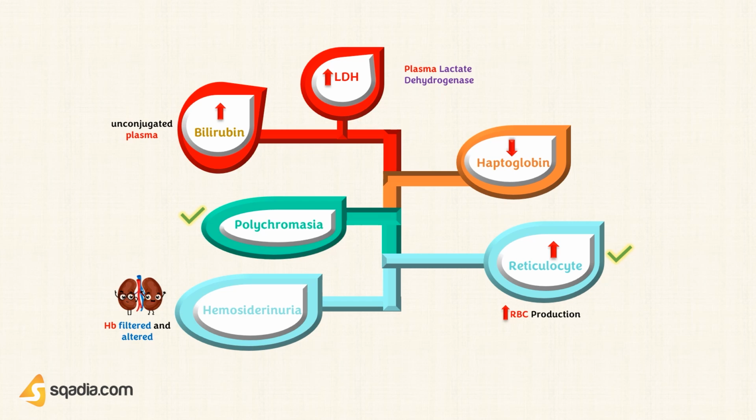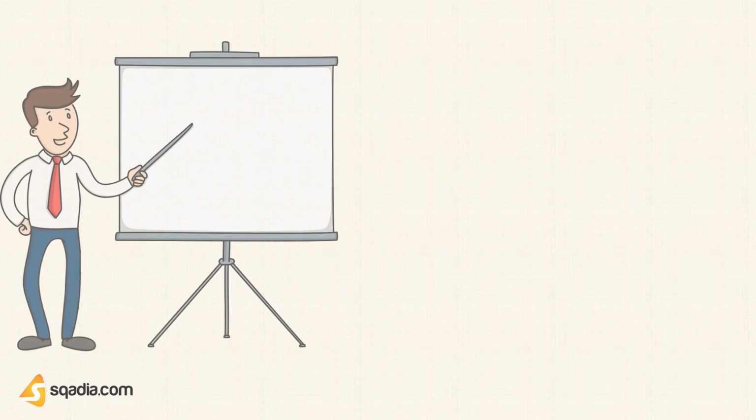When these tubular cells shed later into urine, it causes hemosideruria, which imparts brown color to urine. On failure of hemoglobin absorption by kidneys, it results in hemoglobinuria, which means hemoglobin in urine.